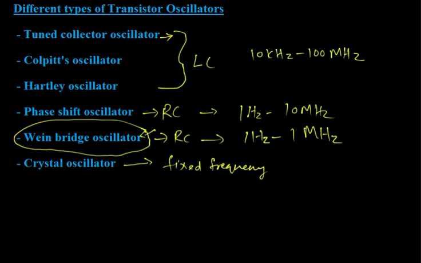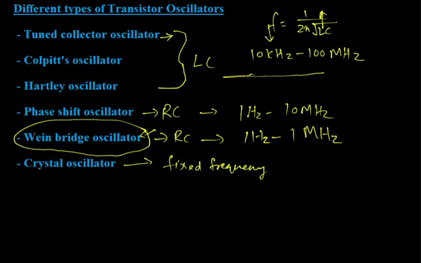Remember that these LC oscillators are usually used to produce oscillations in the high frequency range. They are not used in the low frequency range, because you know that the frequency F is equal to 1 by 2 pi root LC. In order to produce low frequency, F to be small, L has to be very high.